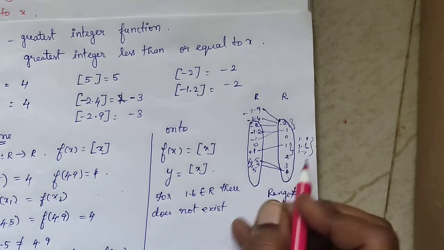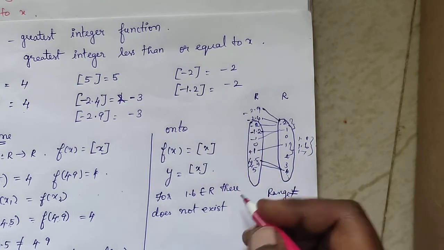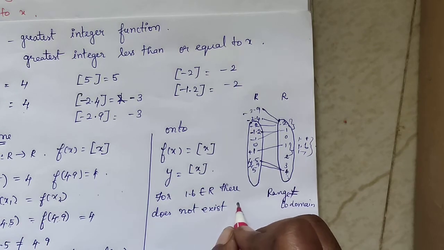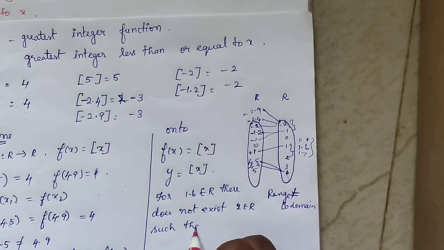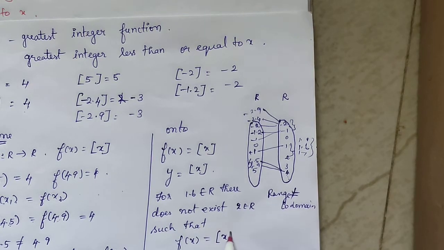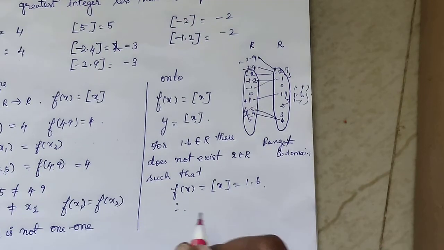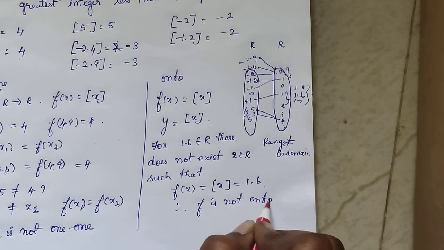For 1.6 we don't have any x element in this real number set. There does not exist x belonging to R such that f of x is equal to floor of x, that is equal to 1.6. Therefore f is not onto.